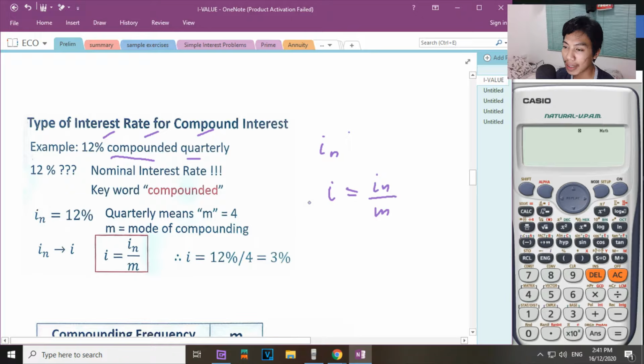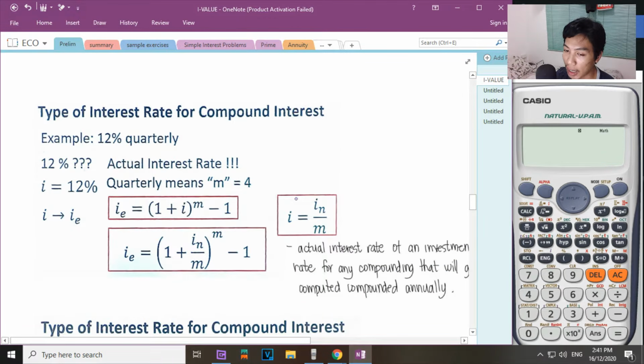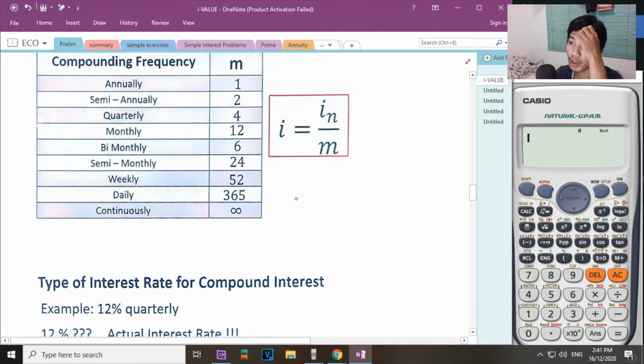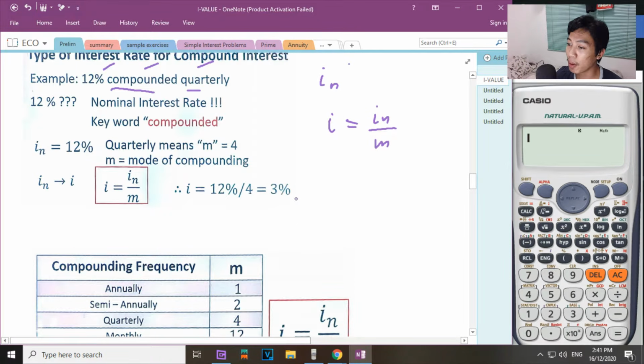Ang actual interest rate is the rate of interest that is defined as yung nominal interest rate mo, i-divide mo sa number of modes of compounding. Yan yung actual interest. At paano naman siya magiging effective rate, sir? Magiging effective rate yan kapag i-convert mo yung isang mode of compounding to another mode of compounding. Then that is now will become yung IE mo. Pakita natin mamaya.